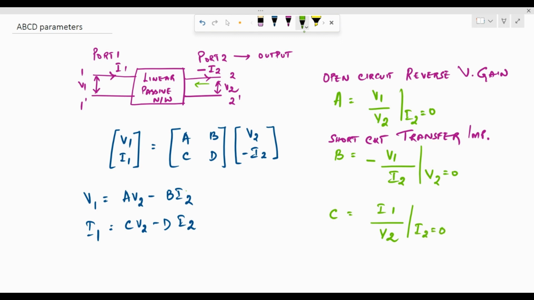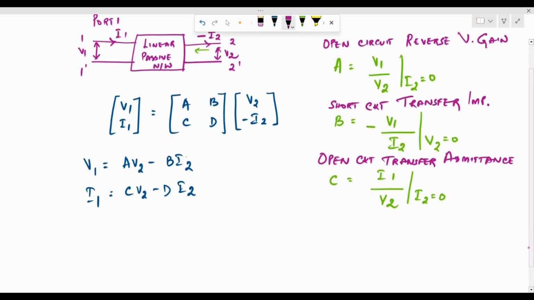But look at this, the ratio is current by voltage, which means this is a transfer admittance. So we can write this out as open circuit transfer admittance. It's the reciprocal of resistance or impedance, right?